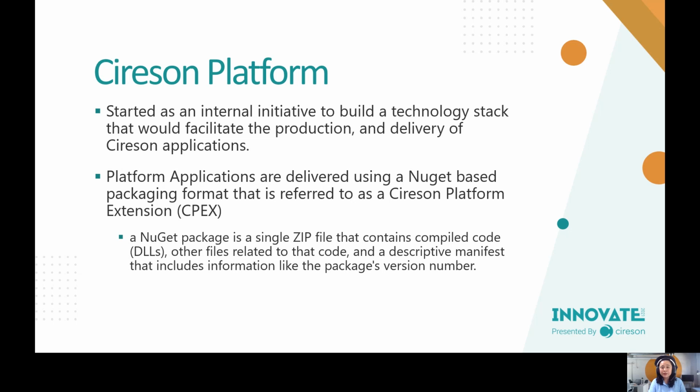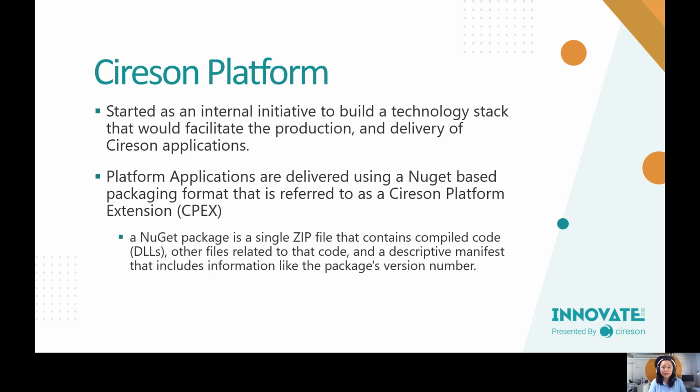In the simplest terms, a NuGet package is just like a zipped file which contains the compiled code, normally a DLL at this point, and it will also contain other product related items such as a manifest which discloses the product and package version.